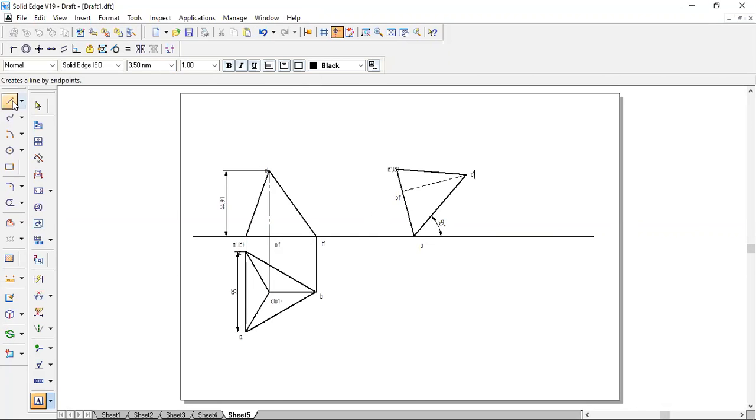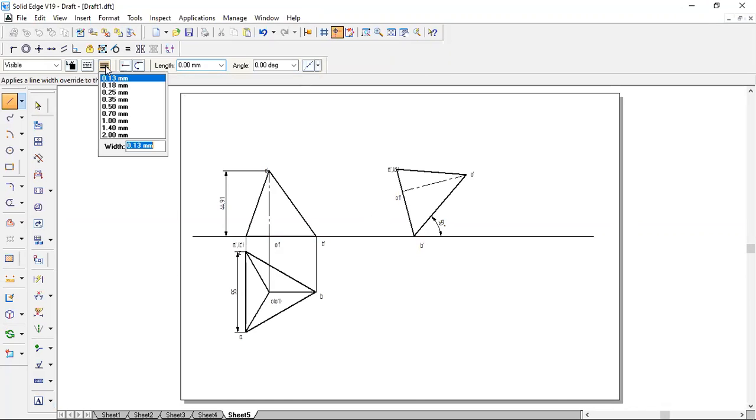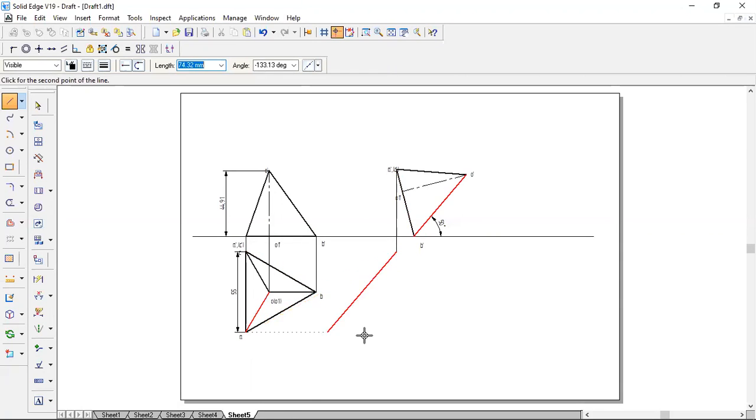So now we need to draw projections, vertical projection and horizontal projection from each corner of the base. By drawing, this is going to be A and C. So this is C and this is A. Next B comes here.